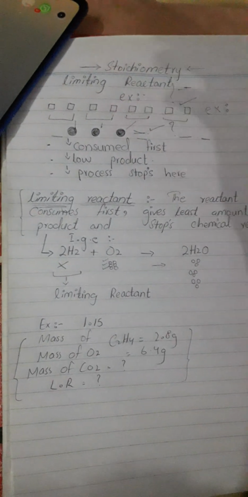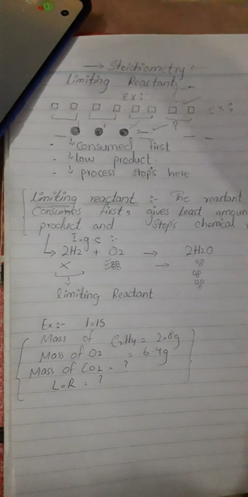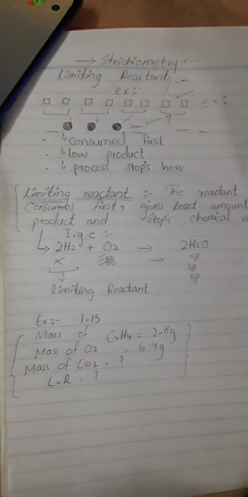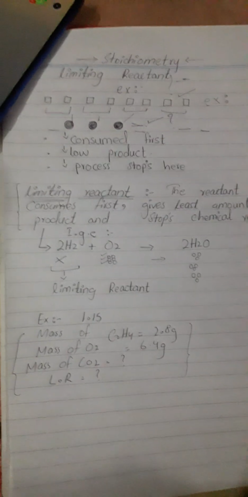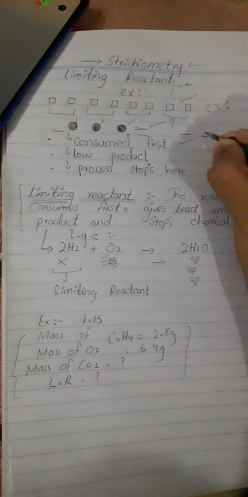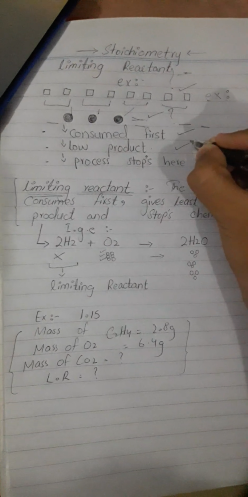That is how you figure out the limiting reactant in a balanced chemical equation, and in other terminologies where you will solve a lot of numericals. So that's how we verify our first prospect. The second is that you will always have a low product.